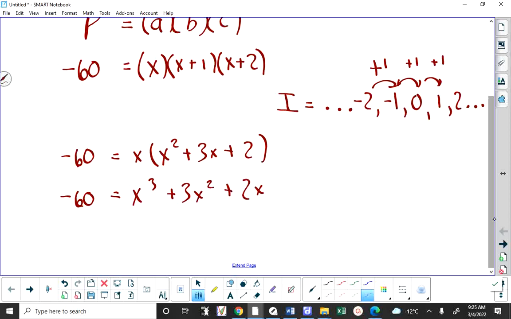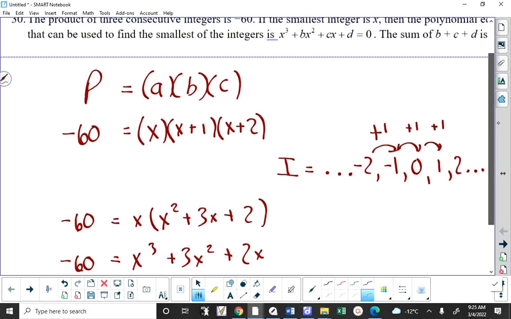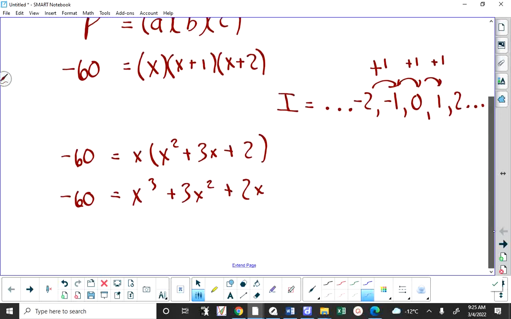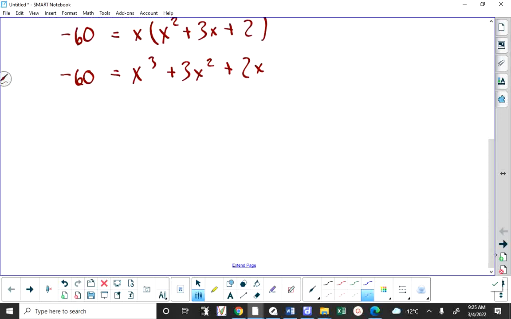I started off a minute ago saying we have 2 things we need to do. We need to expand it. And we need to zero the equation as well, because the template that we're working off of has a polynomial function equal to 0. So I have to move the 60 over. I could have moved the 60 over at any time, but if I move the 60 over by adding 60 to both sides, I get x cubed plus 3x squared plus 2x plus 60.